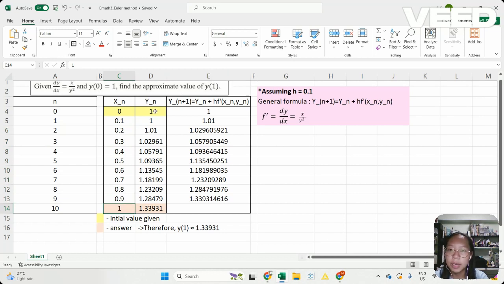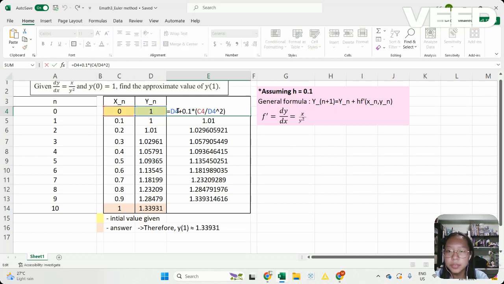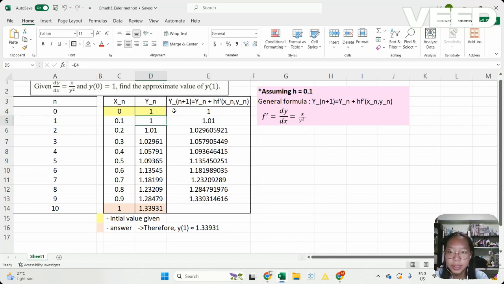So now to find y, I plug in the values into the general formula. So my y will be 1 plus my step size 0.1 times f(x, y), which is x over y squared, so 0 over 1 squared. And this answer will be my answer over here, which is E4.